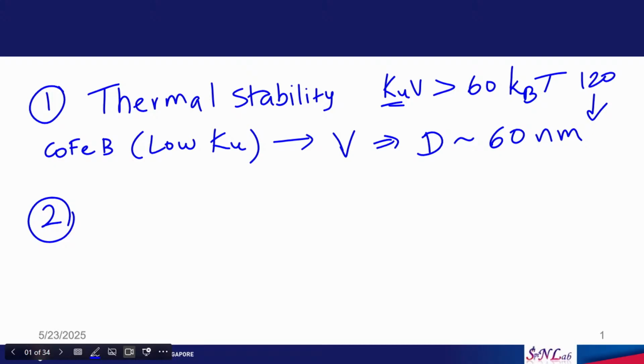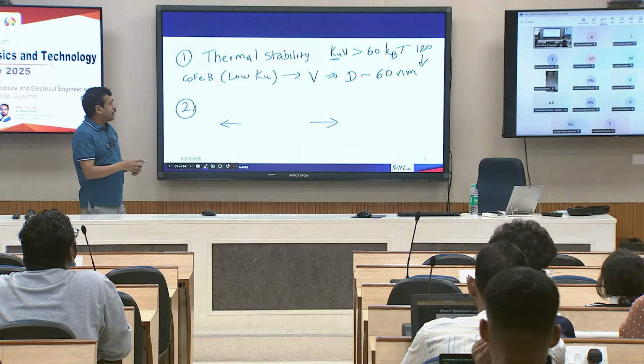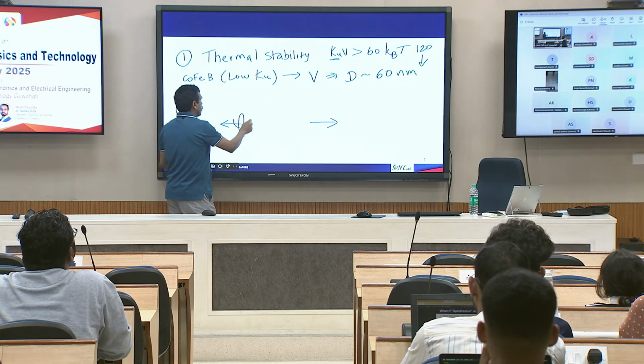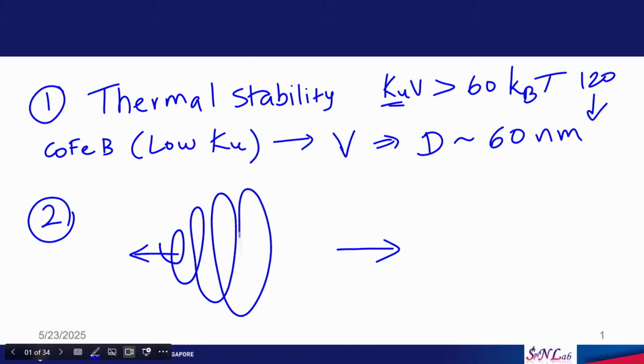The second problem we learned is that, let us say magnetization is pointing in this direction, you want to switch the magnetization to point in the other direction. Magnetization being an angular momentum, it does not just flip, okay, it goes through a precession, okay, it precesses, then finally goes to the other state.